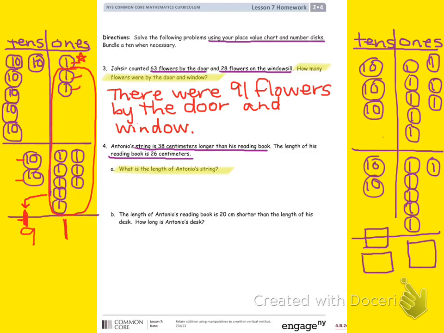What is the length of Antonio's string? Antonio's string is blank centimeters long. Don't forget, you have to include the unit of measurement of centimeters, lowercase c, lowercase m.